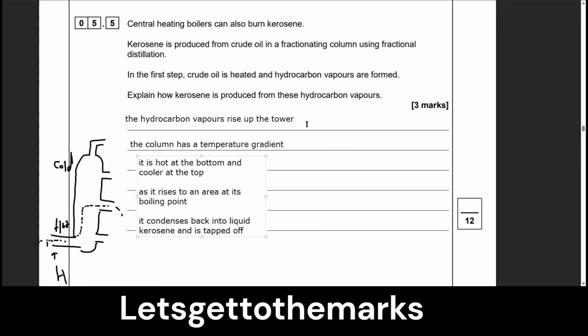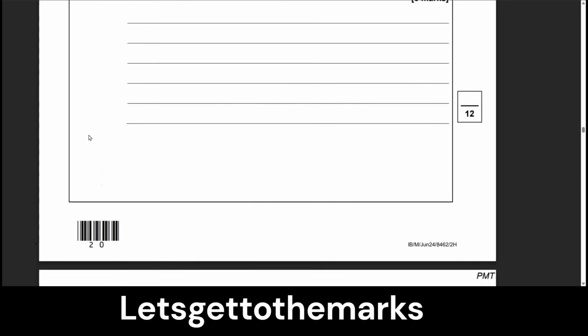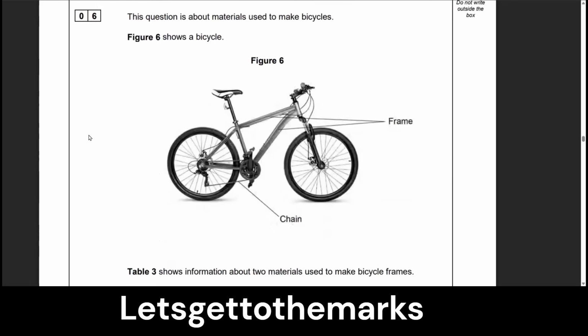Now, I don't know whether we needed to talk about any of the intermolecular forces, but we're not going to bother with that. So the key points are really, I guess, that it rises up the tower. The tower is hot at the bottom and cooler at the top. Once it reaches its boiling point, it condenses. So these first two might combine to make one mark and then hits its boiling point, condenses back to kerosene. Okay. And the word condenses is going to be a key science word they want there, and boiling point.